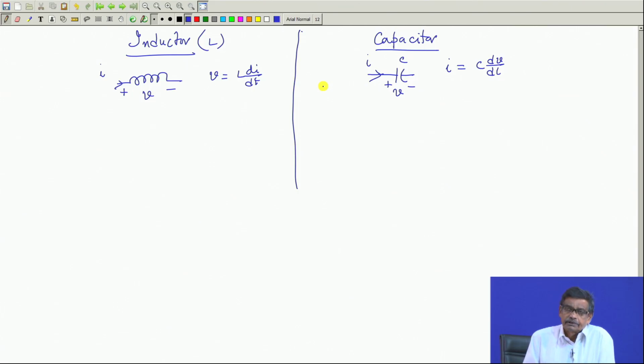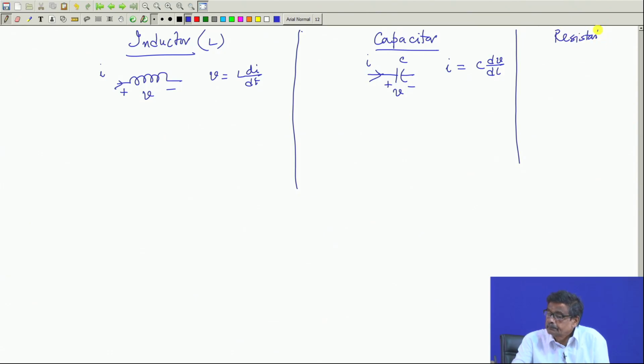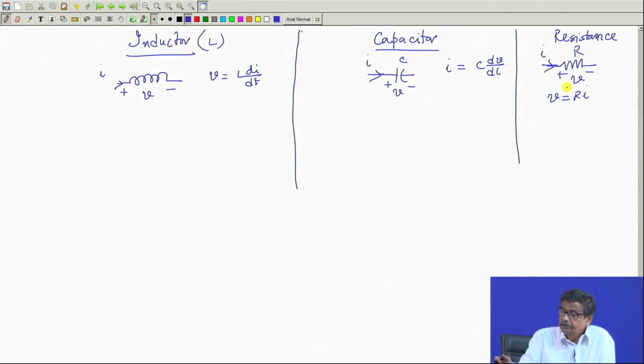Now, we ask ourselves and consider a resistance also. That is R, this is I, this is voltage, and V is equal to R I. Here no differentiation, that is why it is memoryless.